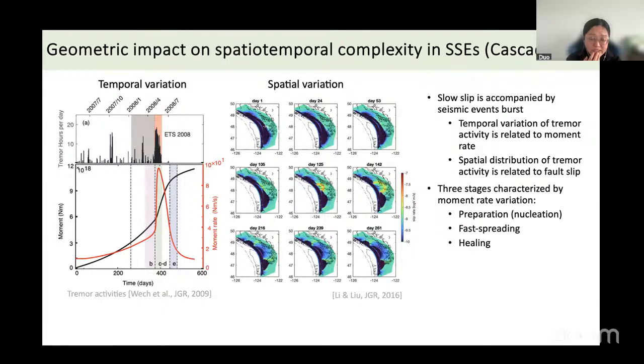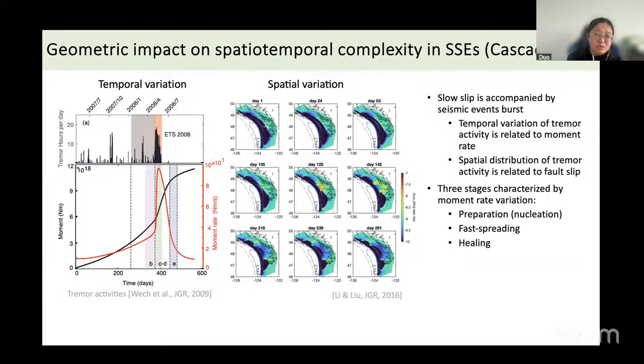We dig into more details of each episode of slow slip in Cascadia. Besides the GPS signal, there are also seismic recordings of low frequency signals called tremor. Tremor is different from a typical earthquake in the spectrum because it doesn't have any high frequency content, only very low frequency content.